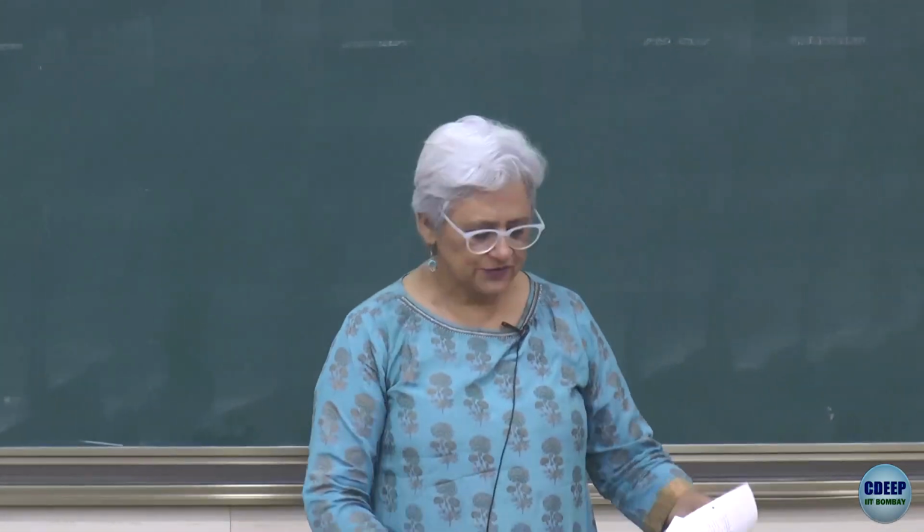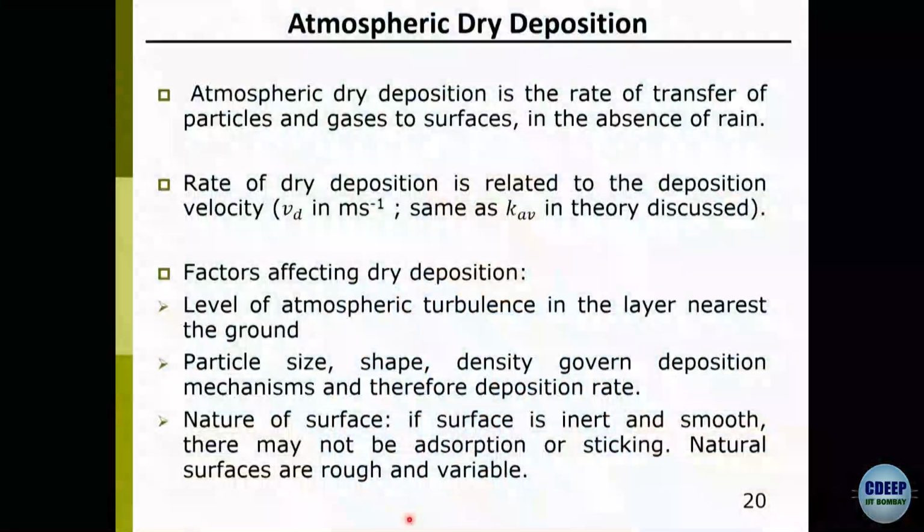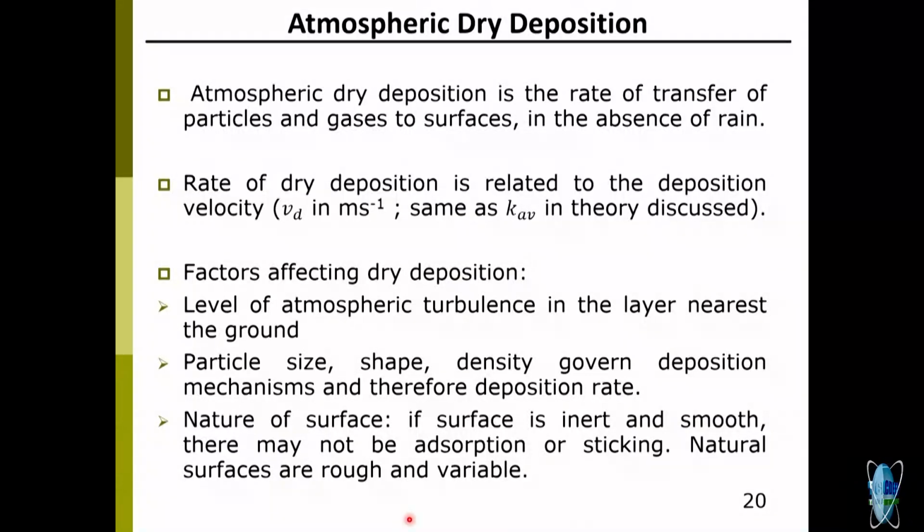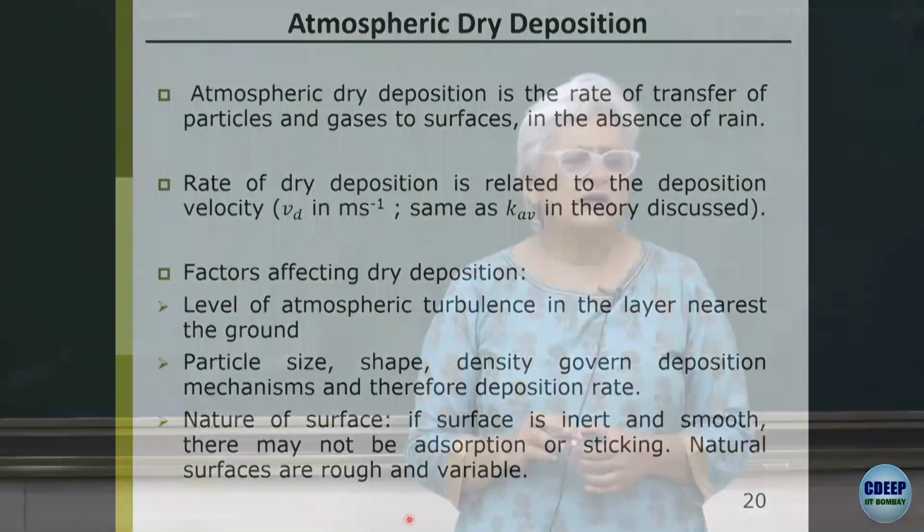So, atmospheric dry deposition, and we're basically saying that it's important, and you have this idea of a deposition velocity in meter per second. And if you remember, here we are going to talk about the high Reynolds number turbulent diffusion case, and so we'll put up a sort of brief derivation for it.